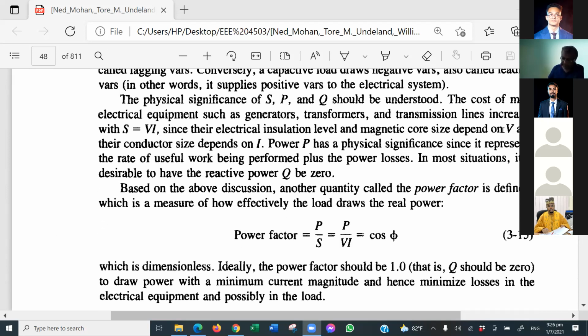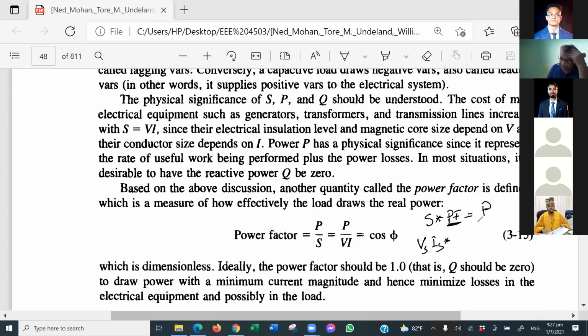They have written that the apparent power multiplied by the power factor must be equal to P. You got my point? This S equals V multiplied by, that means VS IS, and the power factor.